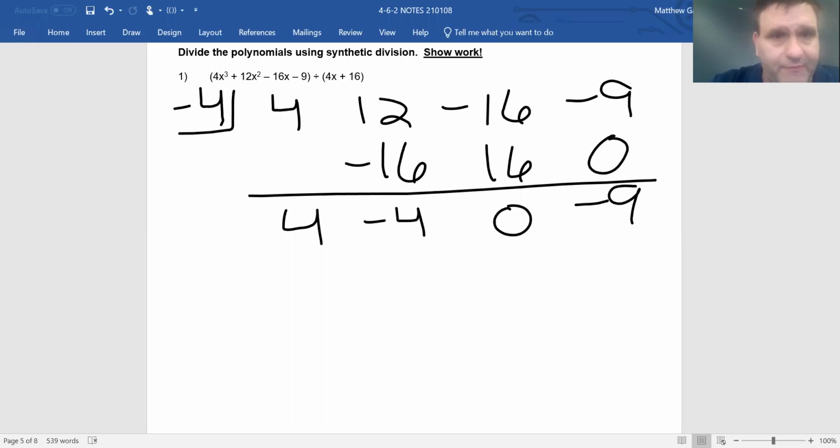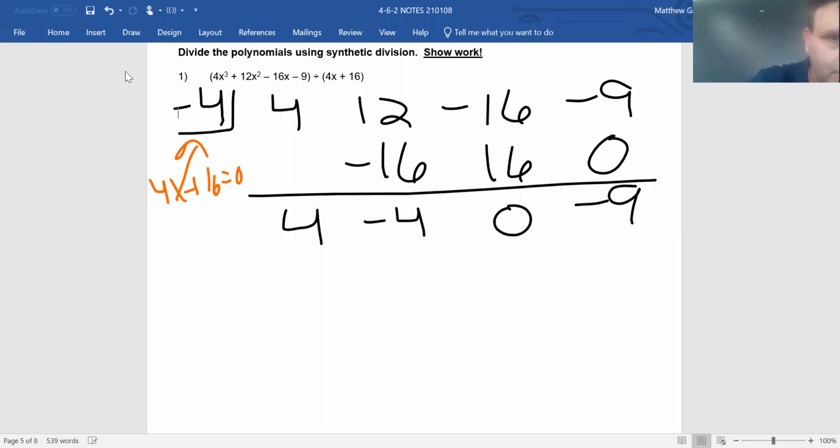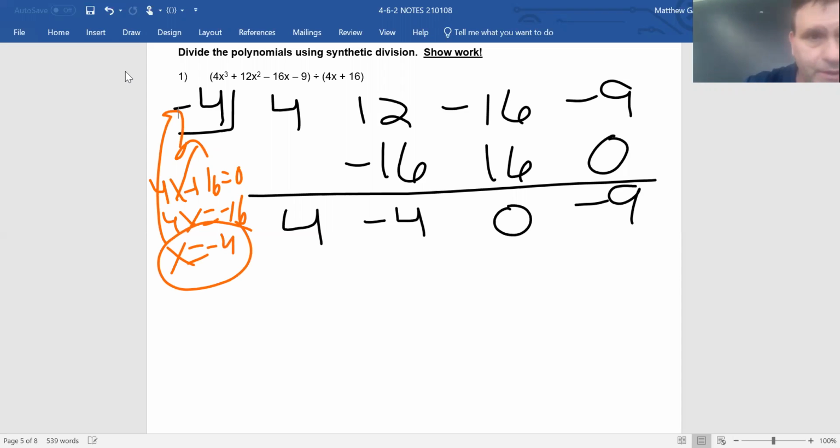So, first of all, in question one, that -4 in the excluded value comes from 4x plus 16, we set equal to 0. So 4x is -16, which means 1x is -4. So that's where that comes from. Now, there are no placeholders in the dividend.